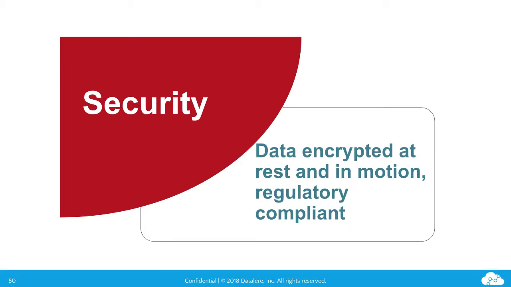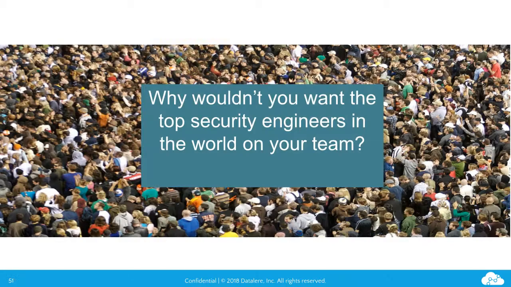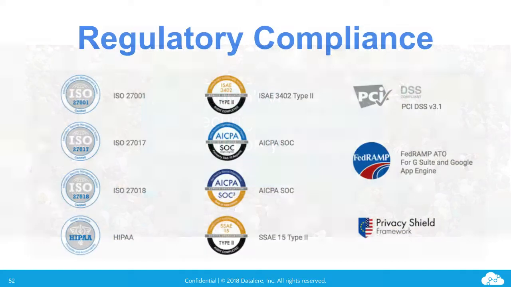Security. These days, security in the cloud is as good or better than most organizations. Data is encrypted at rest and in motion. It's regulatorily compliant. The top security engineers in the world are working for the top cloud providers, and they have upwards of 1,000 security engineers at any of the top cloud providers, much more than most organizations can claim.